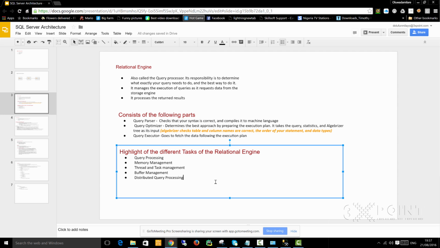So that's a part of the distributed query processing. And obviously you can imagine for this to happen, if it's a transaction, for example, which requires a commit on the server in America, it requires a commit on the one in Europe and the one in Africa as well.